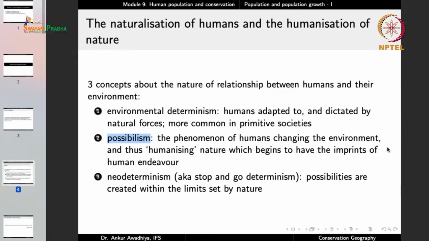When they began to perform agriculture, they cut trees and they converted vast stretches of forest into farmlands. When they started rearing animals, they started to use the pastures. And in this stage, the humans started to have big impacts on nature, because what was forest erstwhile was now converted into agricultural fields or ranches.